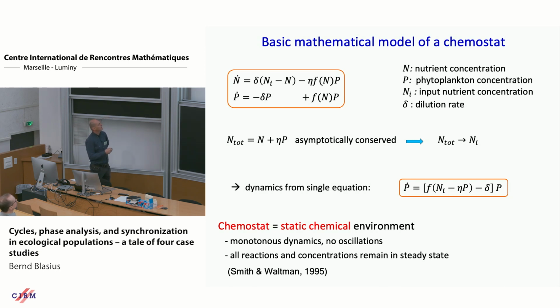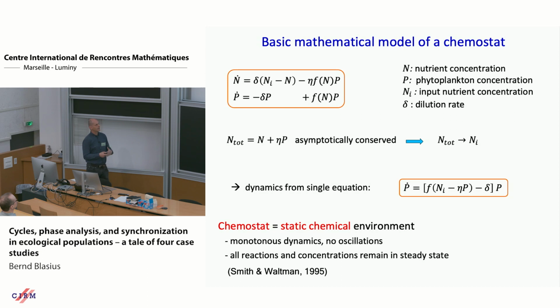These equations give you the nitrogen either free in the solution or the nitrogen fixed in the populations. That means the total nitrogen in the system, either free floating or in the populations, after some transients, should correspond to the nitrogen in the external medium. So after a certain transient, we should have a conservation of nitrogen.